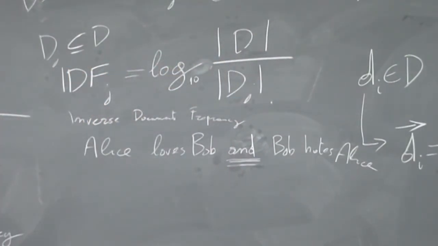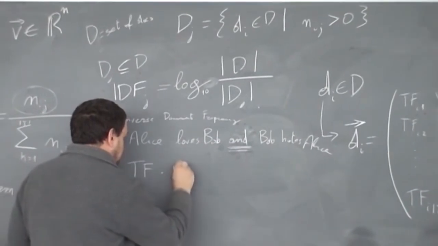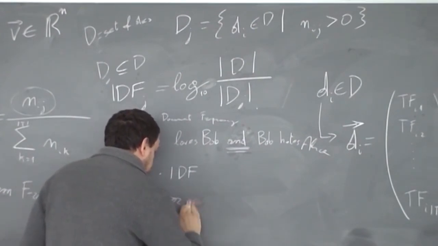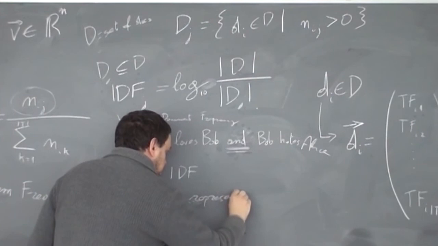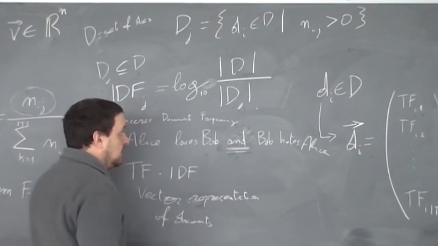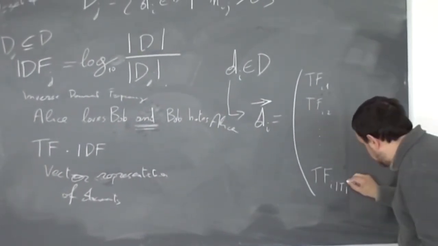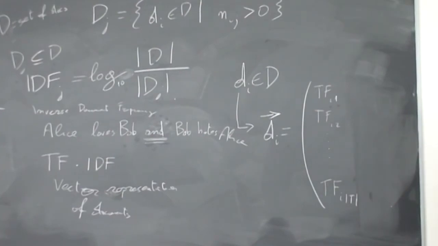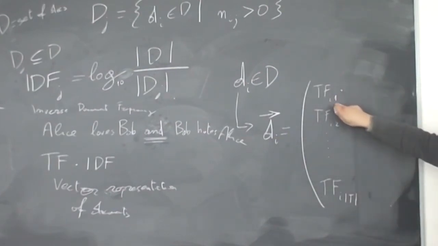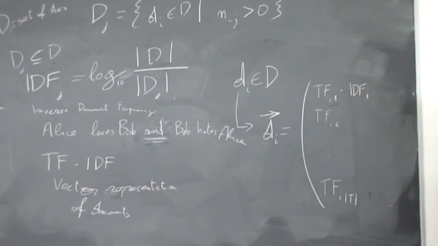So we end up with the so-called TF times IDF vector representation of documents, where a document is represented by a tuple with one number for each term, where each term entry is the product of the term frequency of the term within the document times the inverse document frequency of the term.